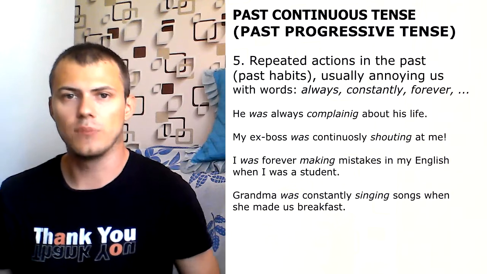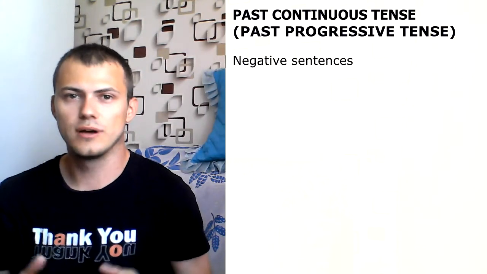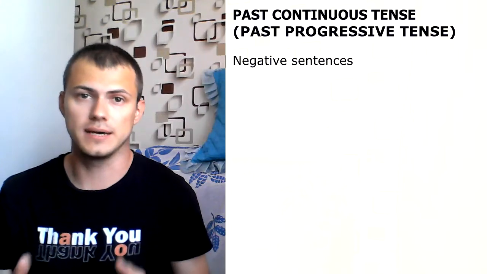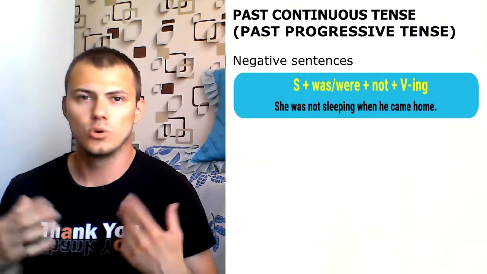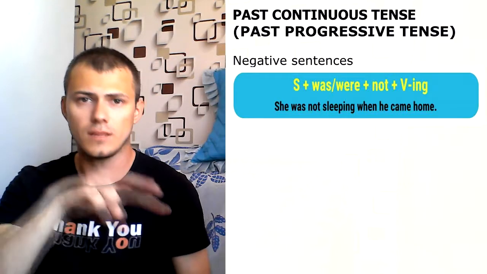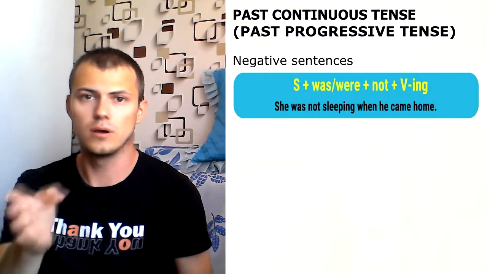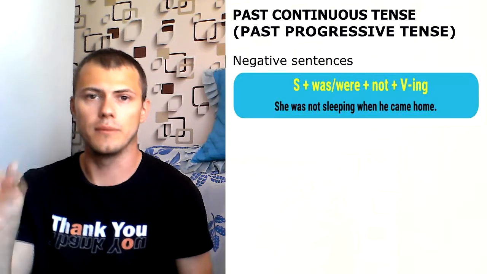So by this moment, we have learned all the main usages of the past continuous tense. Let's take a look at the structure of questions and negative sentences using past continuous. To form a negative sentence, we just put not in between the auxiliary verb to be, was or were, depending on the subject, and our main verb.